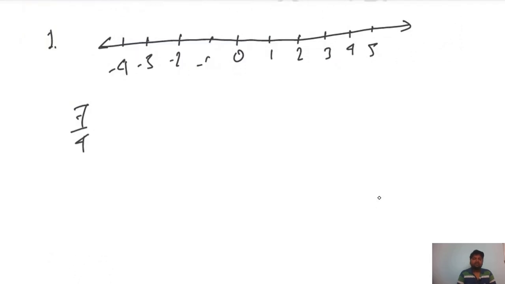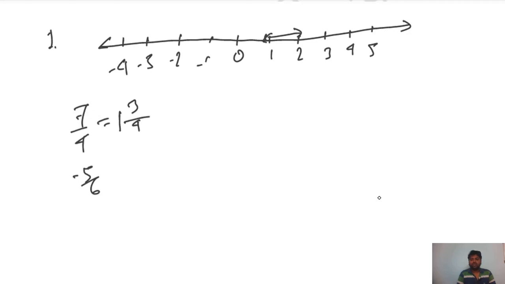When we divide, 7 by 4 is less than 2, because 4 into 2 is 8. In fraction form we get 1 and 3 by 4. So this number lies between 1 and 2.